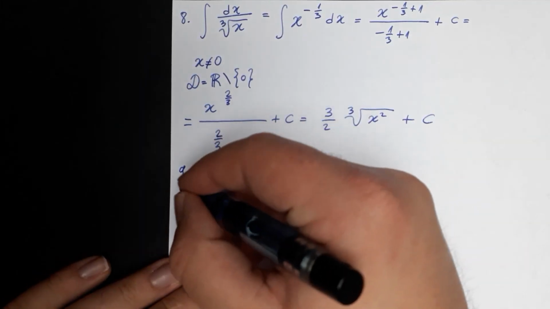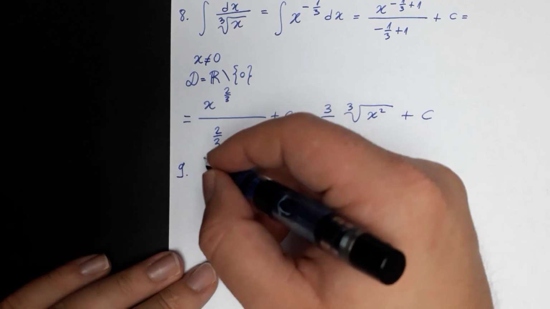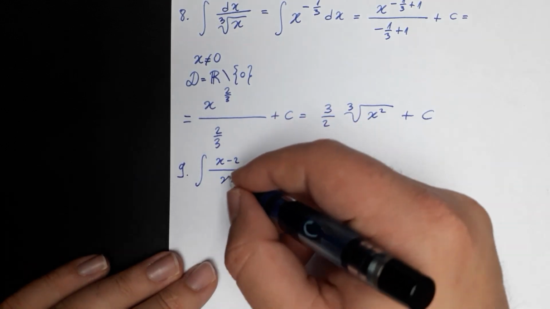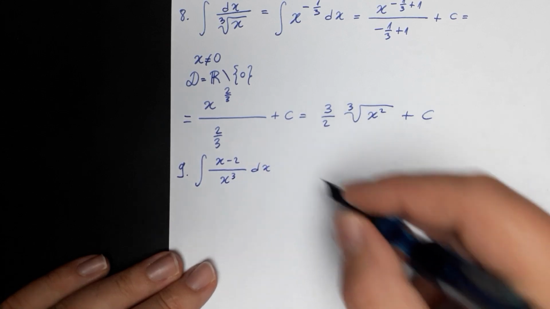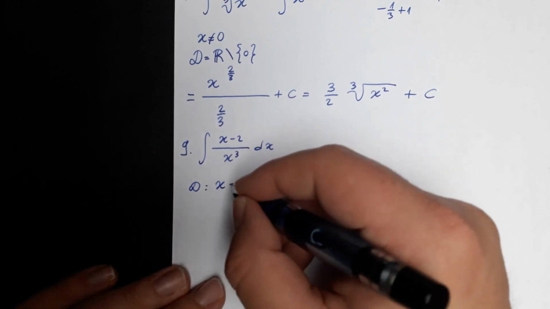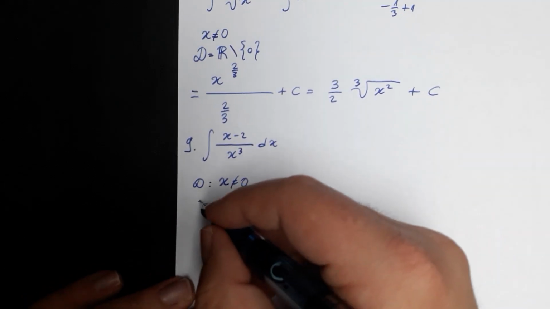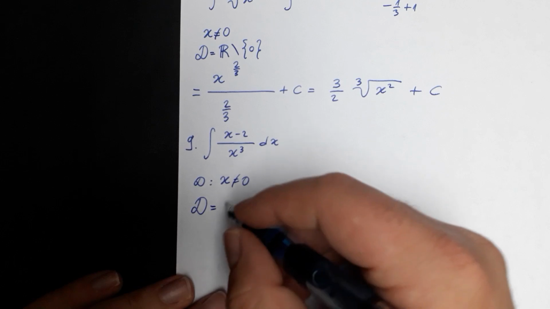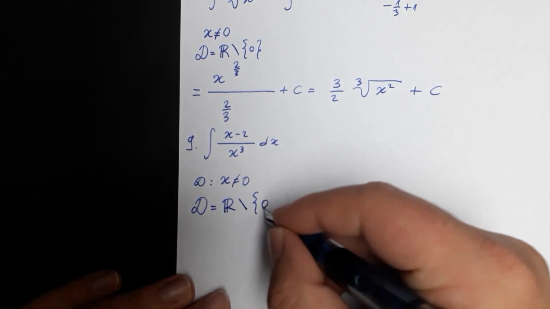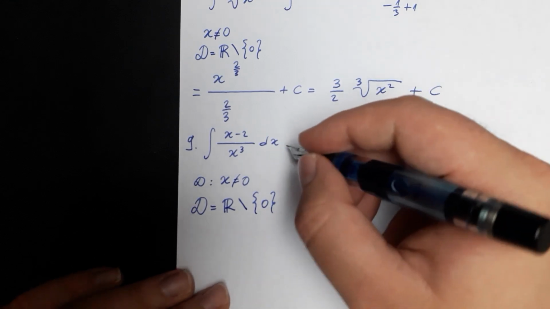The next problem which we have is the integral of (x minus 2) divided by x cubed dx. Well, x cubed is in the denominator, so that means that x has to be different than 0. And that means that the area in which this integral is defined is the set of all real numbers except 0.